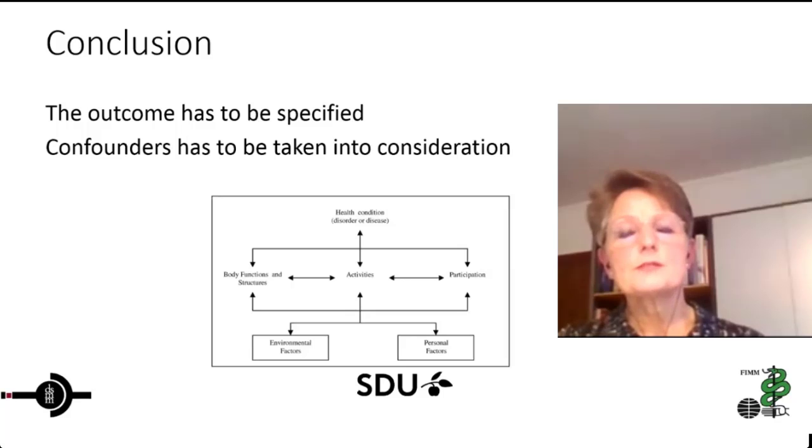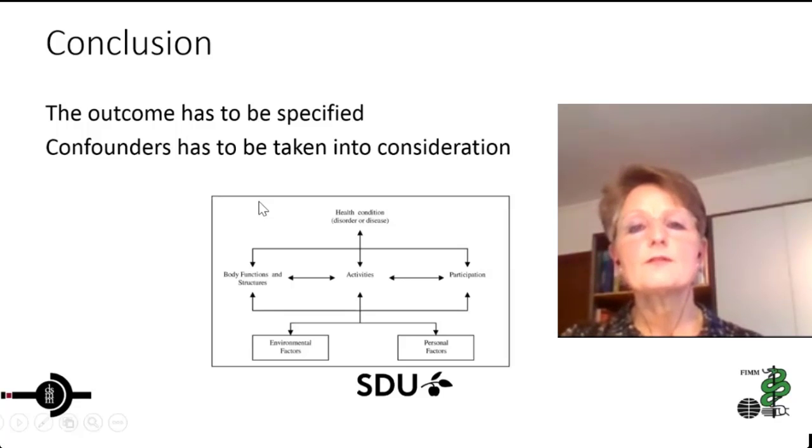So we can use the ICF brief core set as the framework, but we have also shown that we cannot use the measure of the individual items as outcome in patients having musculoskeletal disease.